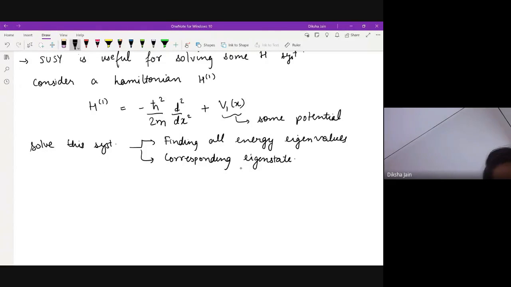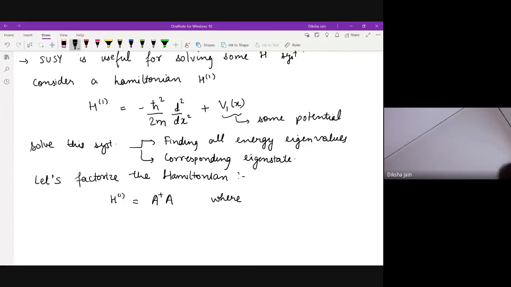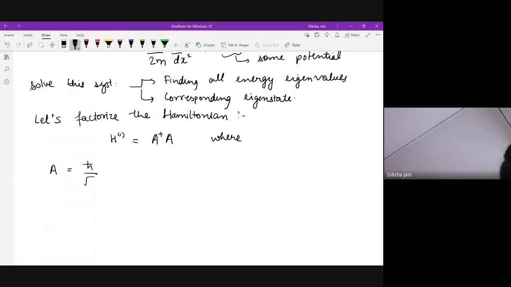So let's factorize this Hamiltonian. I write my H1 as A dagger times A, where A is given by h cross by square root 2m d by dx plus W of x, and then A dagger becomes minus... since the dagger of d by dx is minus d by dx.